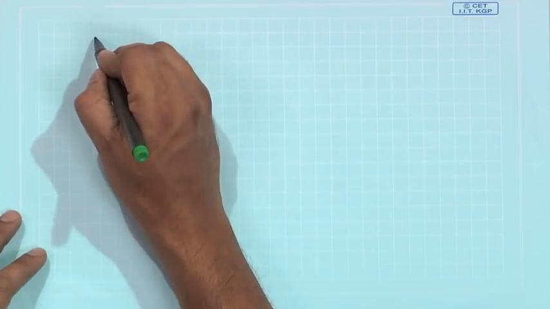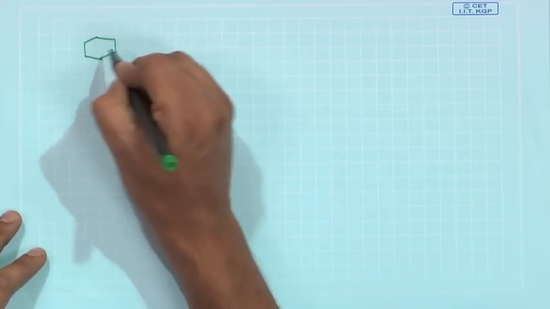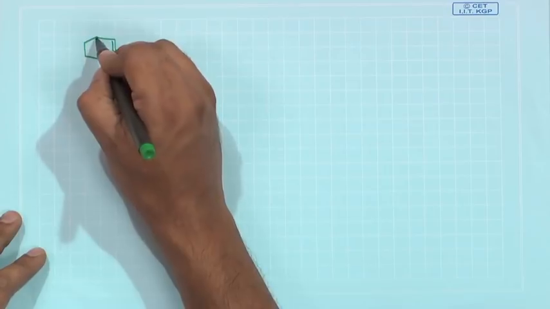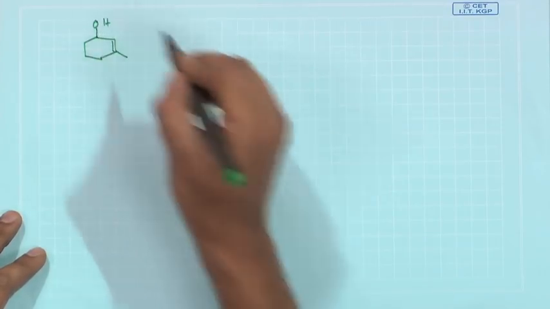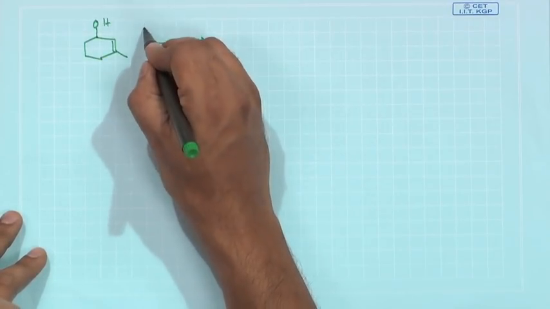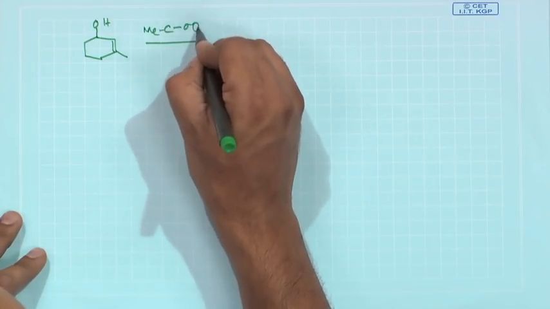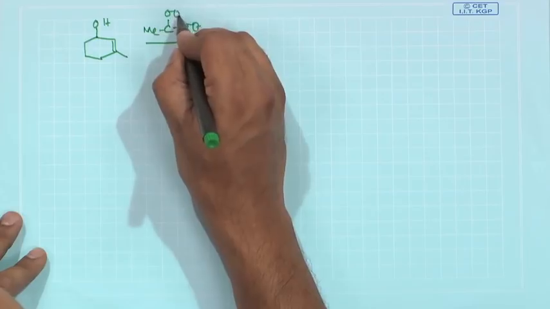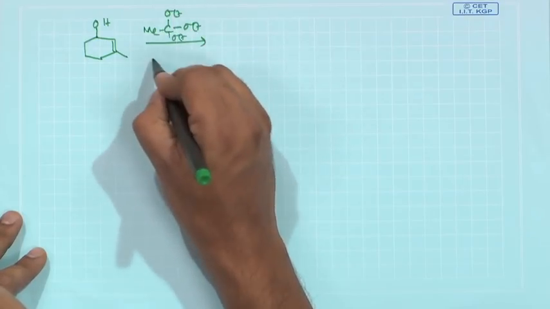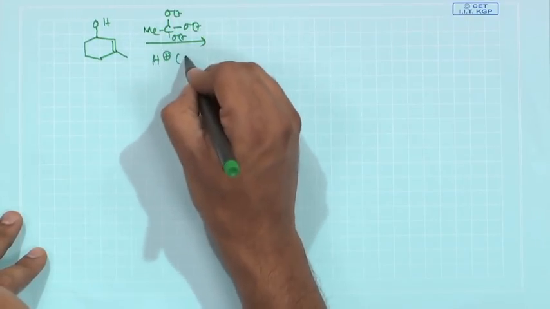Now, once this Luche reduction was done, you basically have an allylic alcohol, is it not? Now, this allylic alcohol is subjected to a Johnson orthoester Claisen rearrangement. The common reagent is triethyl orthoacetate in the presence of a catalytic amount of an H plus source.